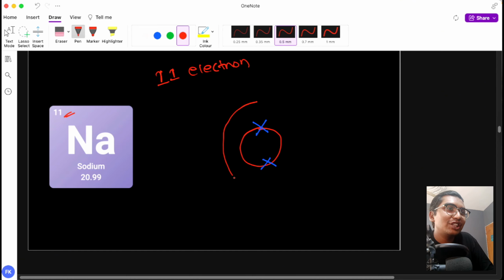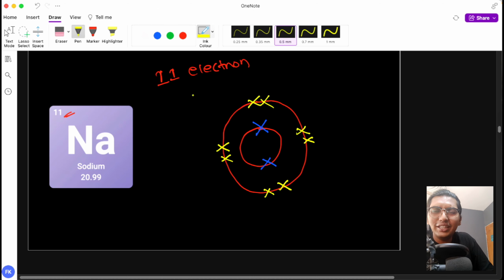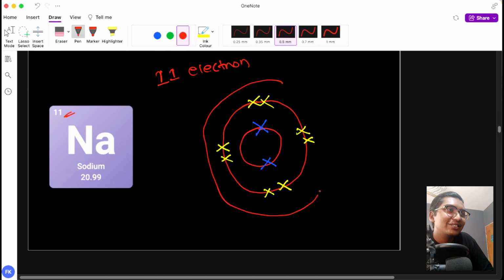In the second shell we will have 8 electrons. So 2 plus 8, 10. How many electrons are left? 1. So in the third shell, we'll have one more electron. This is how you draw the electronic configuration.